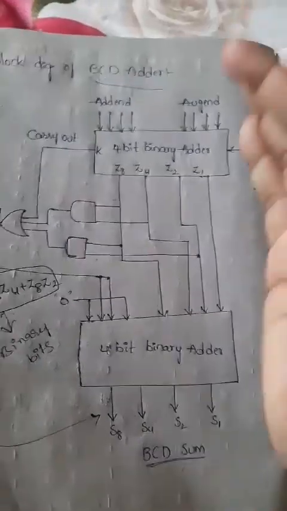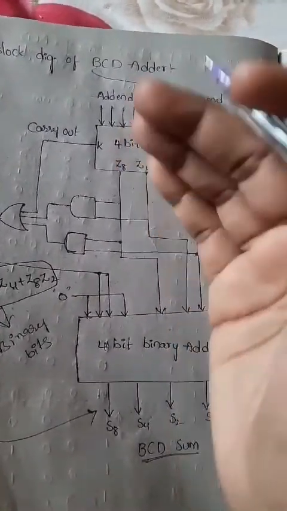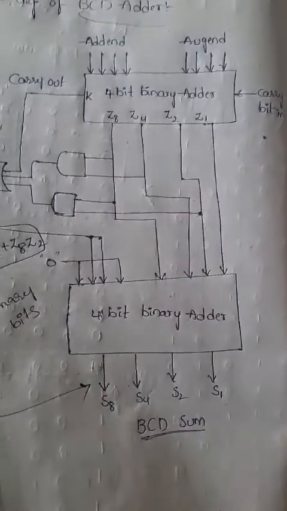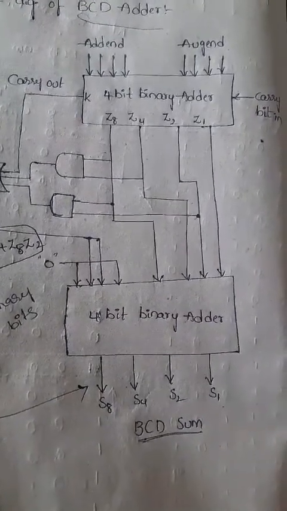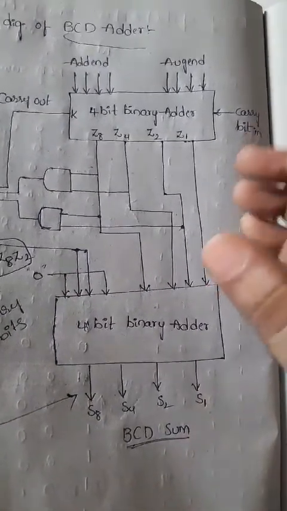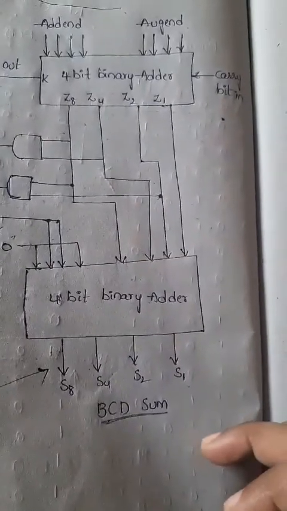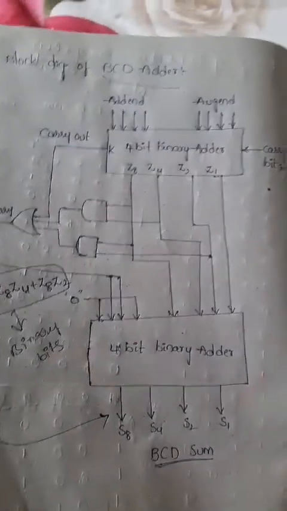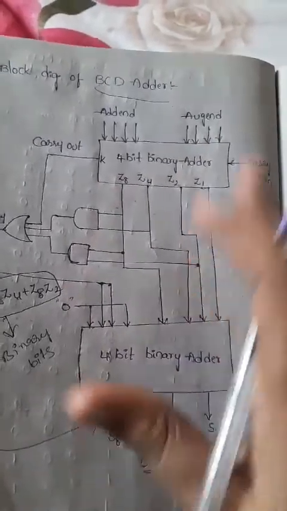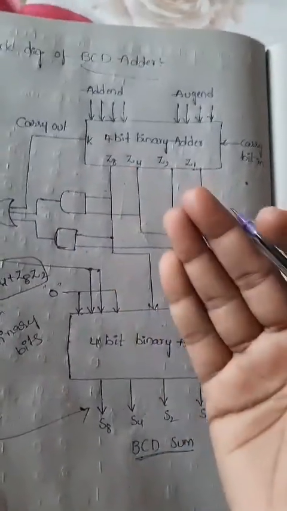So we have to take the input as binary and we should convert it into the BCD. How can we convert this binary into the BCD? First of all, before going to this explanation, we are doing the addition procedure here. BCD sum and binary sum we are calling like that. Sum is nothing but the addition procedure.